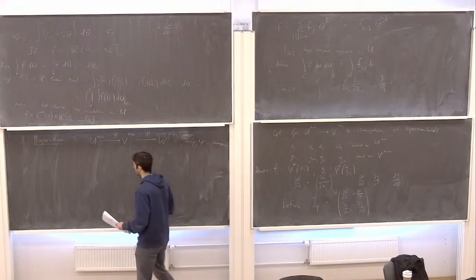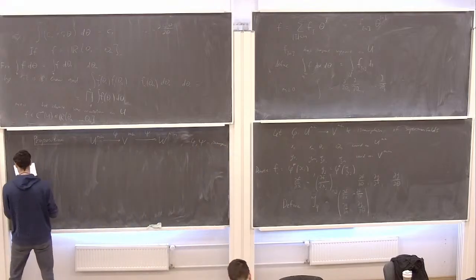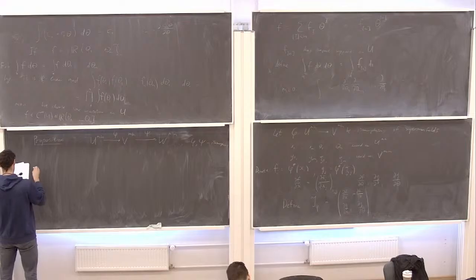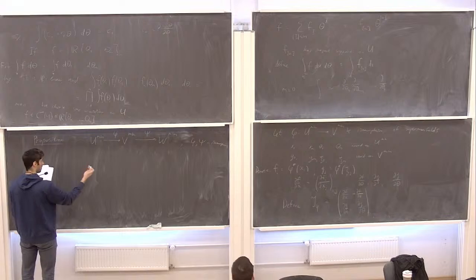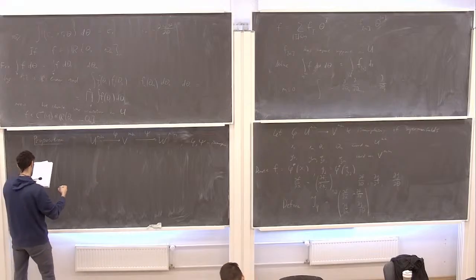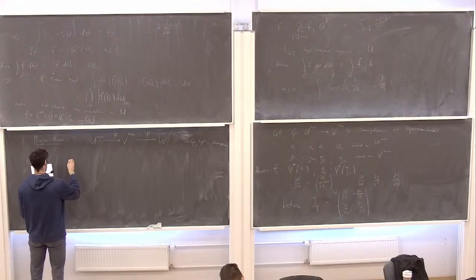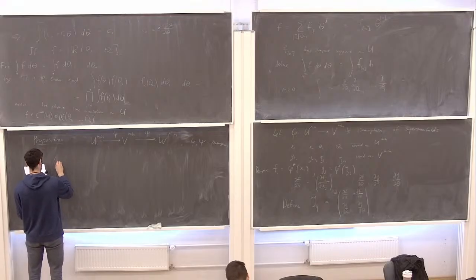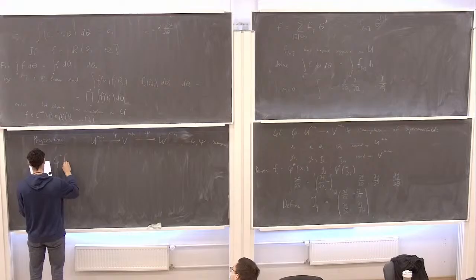Then I claim that the composition corresponds to multiplication of Jacobians. It should be written like this, so the composition should be a little bit careful.